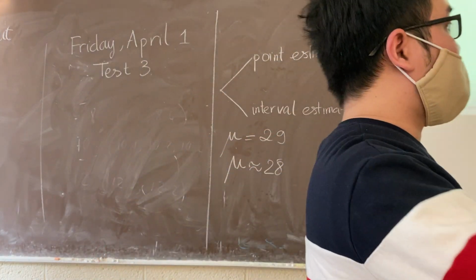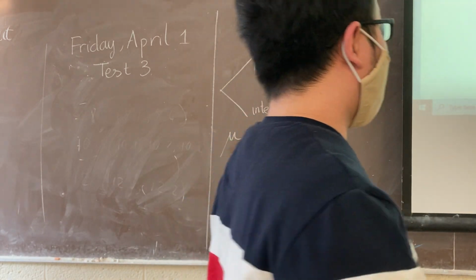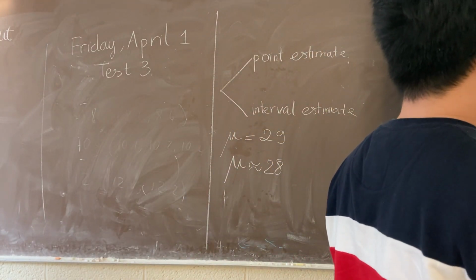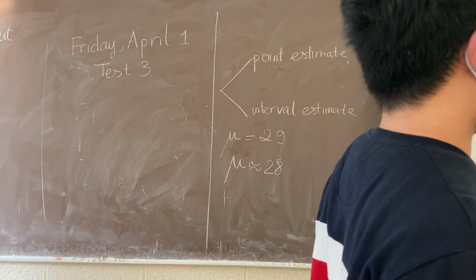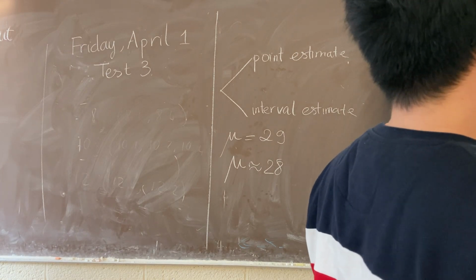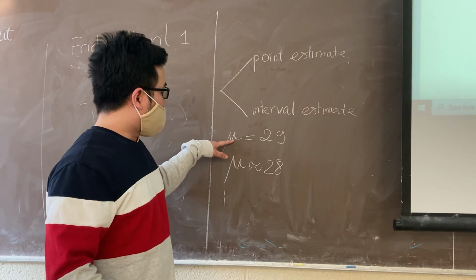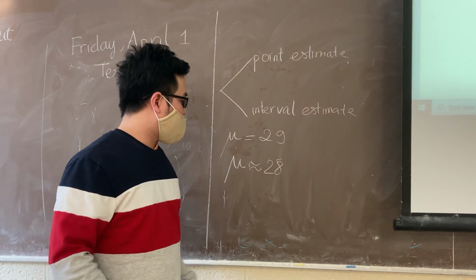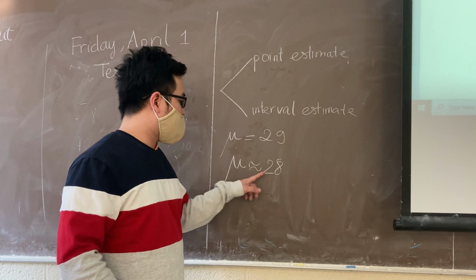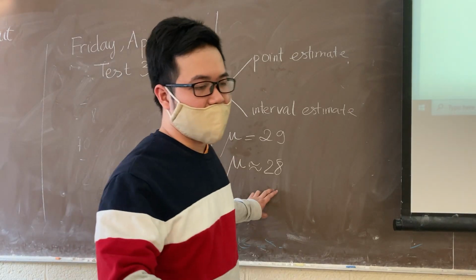An unbiased estimator is a point estimate that does not consistently underestimate or overestimate. For example, the population mean is 29 and I get 28. That is called unbiased.